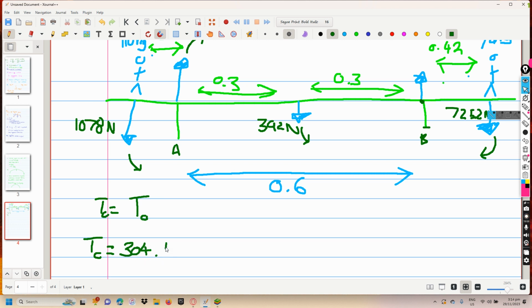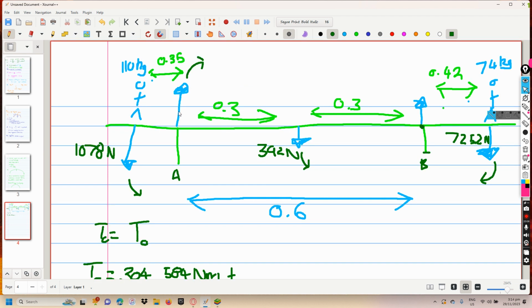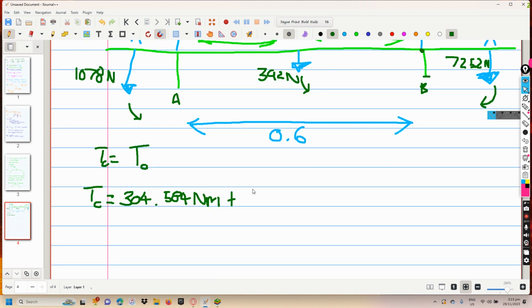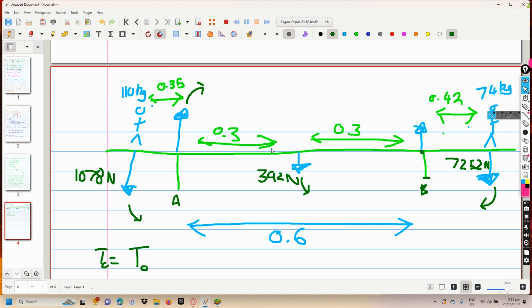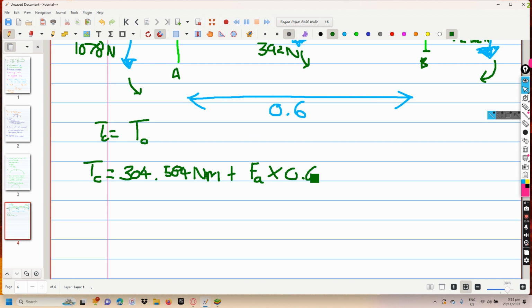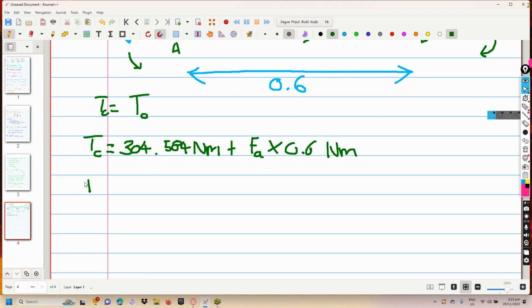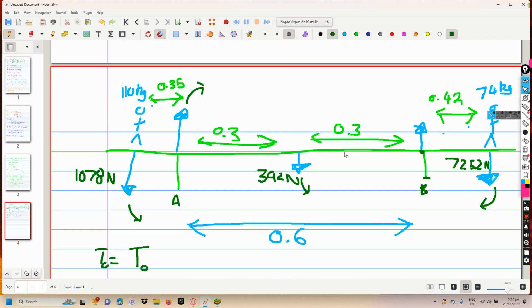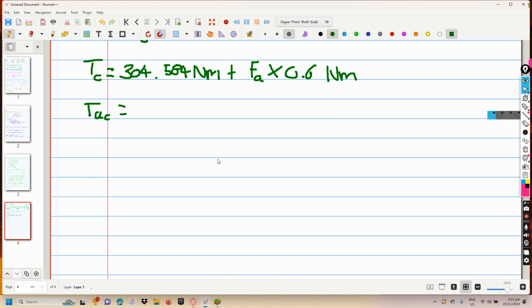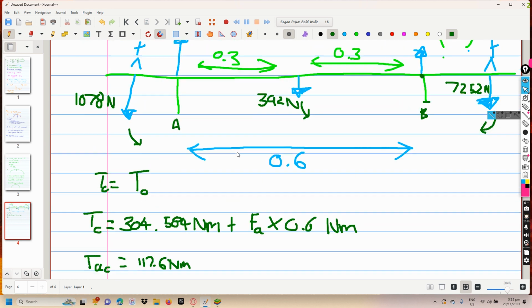which is 304.584 newton meters, plus this force here. Now we don't know what it is, which we're actually solving for, but it's equal to force A times the distance between them, 0.6 meters. Now, torque anti-clockwise is equal to the bench dragging it down, 392 newtons times the distance, 392 times 0.3 is equal to 117.6 newton meters.